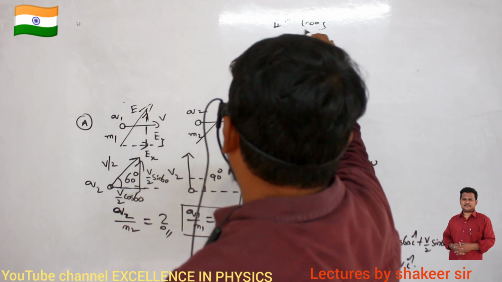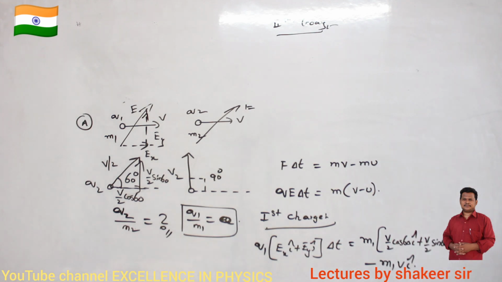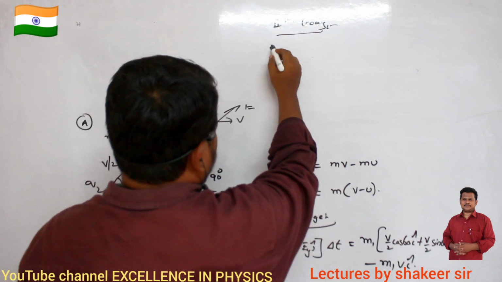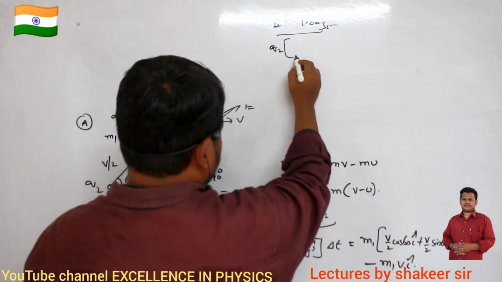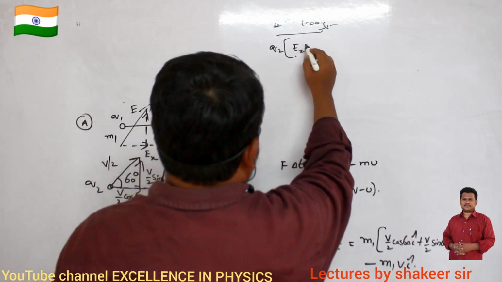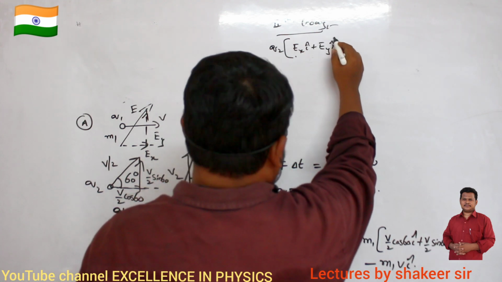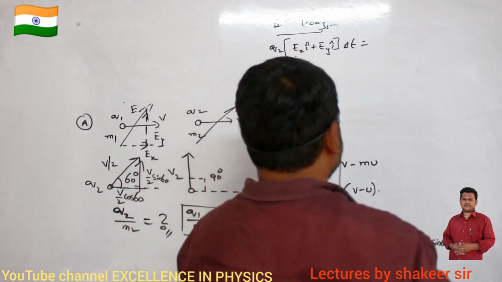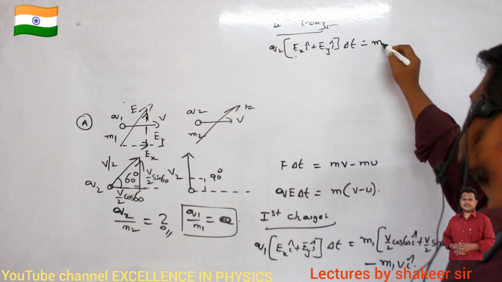Second charge, second body, both are the same. Again the same relation. So here the charge is Q2. Q2 into, now the electric field is in the same direction, so (Ex i cap plus Ey j cap) into delta t is equal to mv minus mu. What is the mass of the second charge? The mass of the second charge is m2.